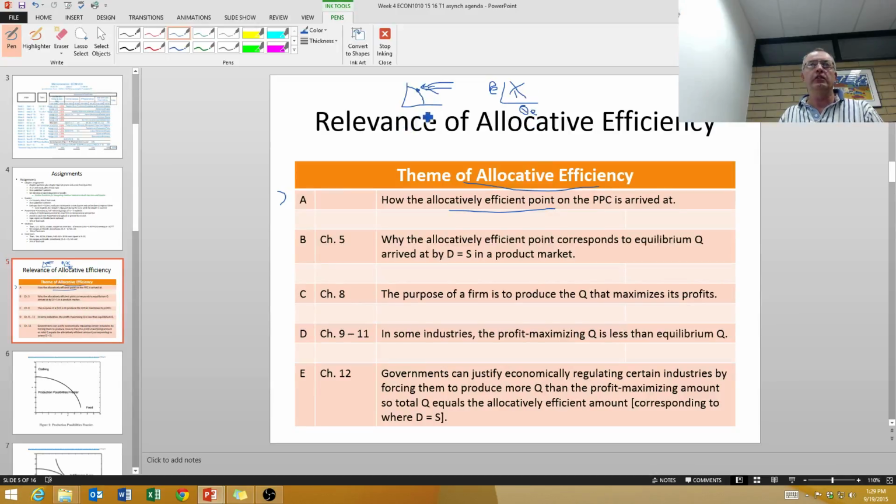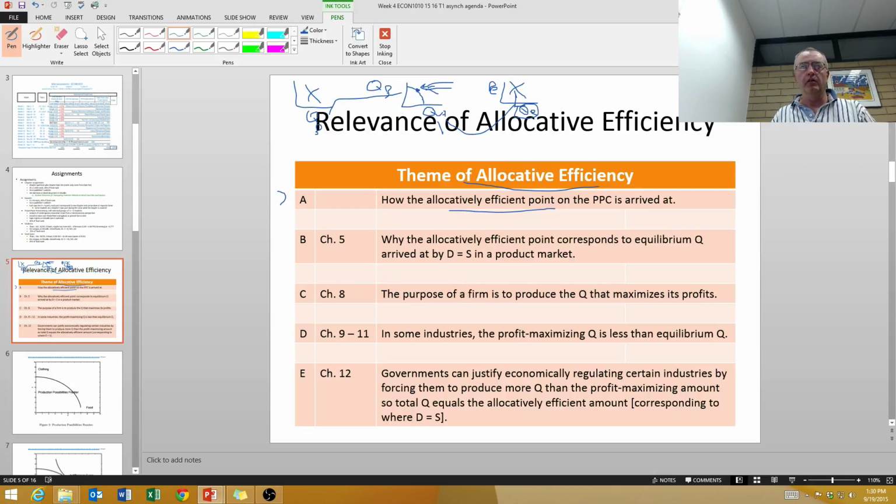Because what we're going to see is on our production possibilities curve here, we have quantity of product A, quantity of product B. This equilibrium quantity determined by the product market is the same quantity that we see in the production possibilities curve. Of course, we have two products, so we have QB.